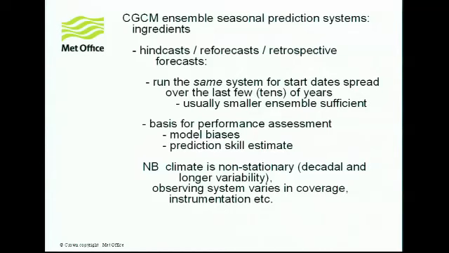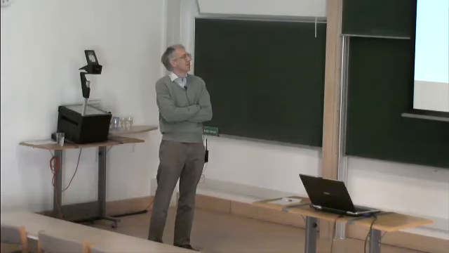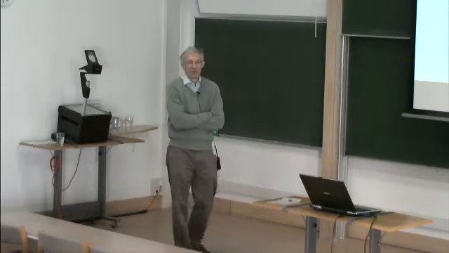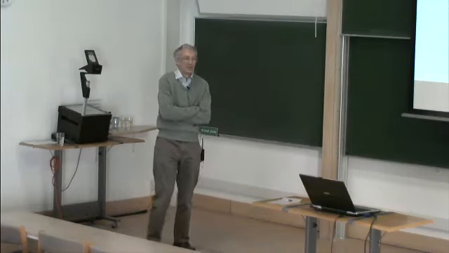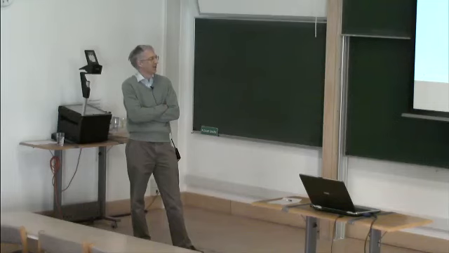Okay, so again, the idea of producing these hindcasts, or reforecasts, retrospective forecasts, as they're variously called, is that you really want to run the same system, the one you're using to make the forecast, over the last few years, as much as you can sensibly afford with your system, usually tens of years, usually with a smaller ensemble, because you can't really afford to make a 40-member ensemble every month for the last few years.